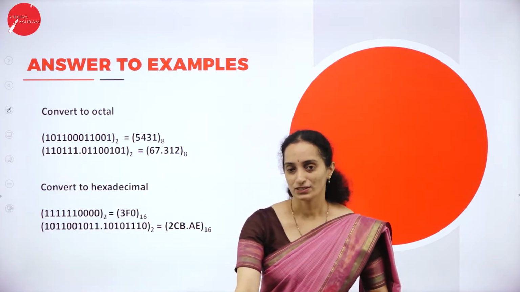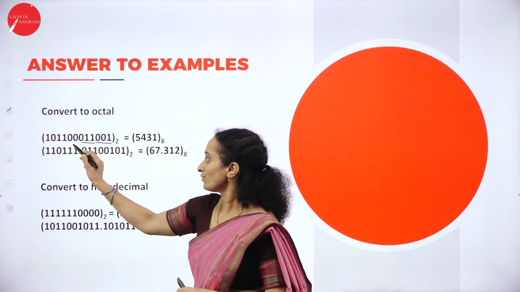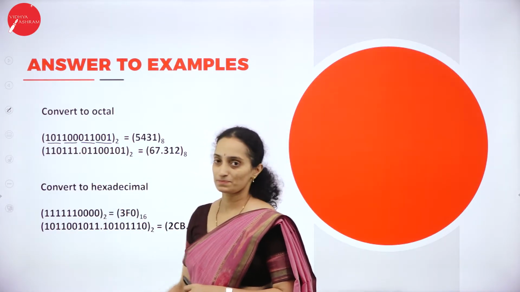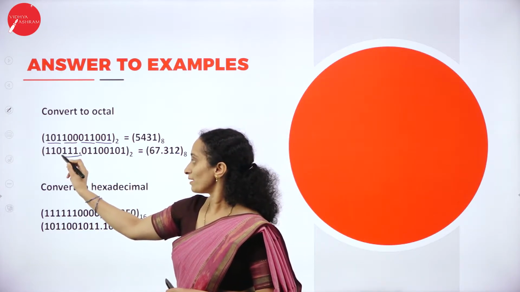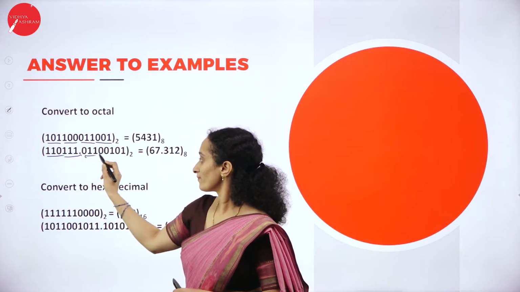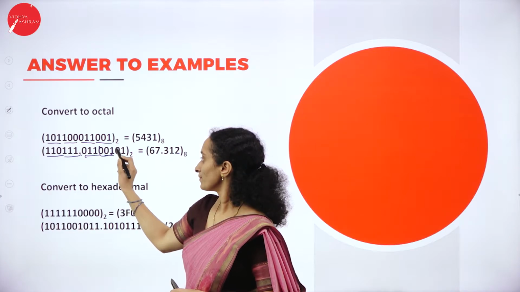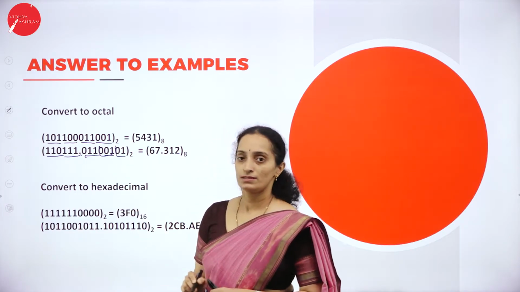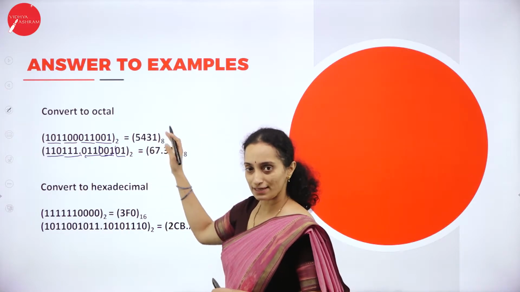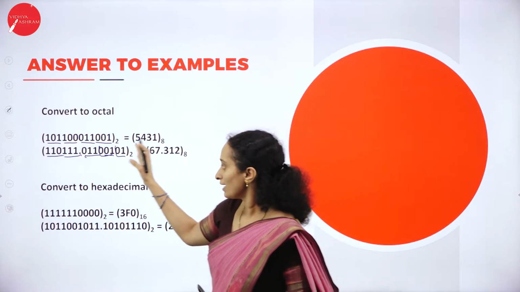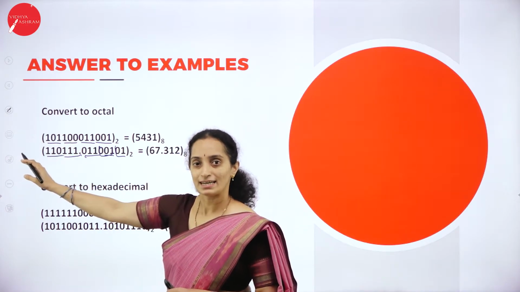Next comes conversion to octal from binary. As I said, you can easily do it by grouping into 3 digits. Start with the decimal point, and make groups of 3. If you don't have 3 digits, add a 0 as prefix if it is the integer part.